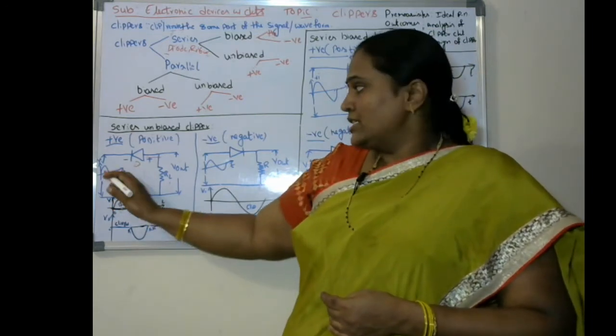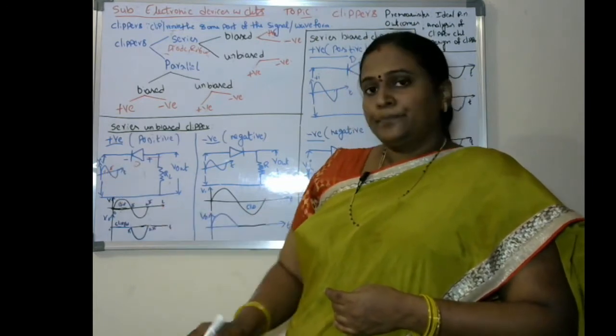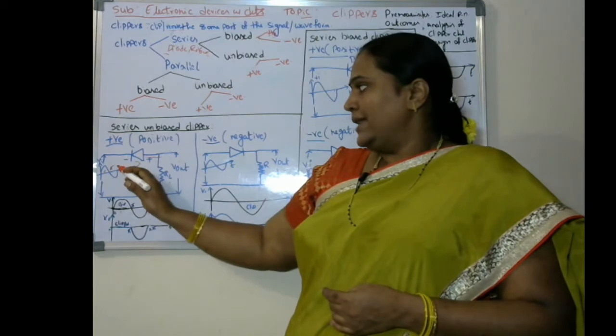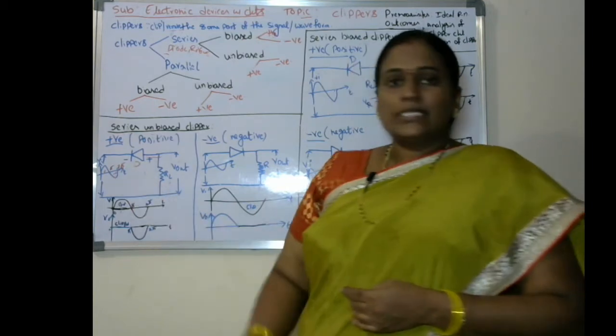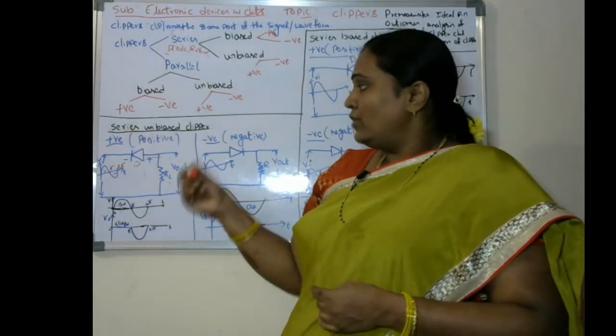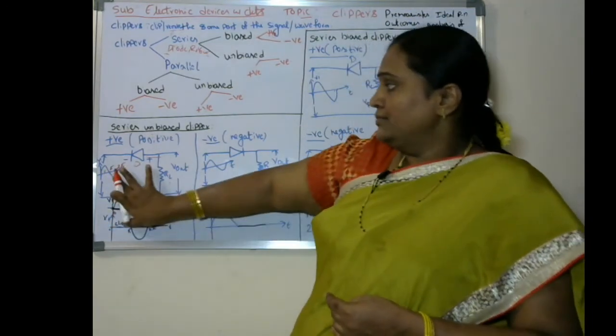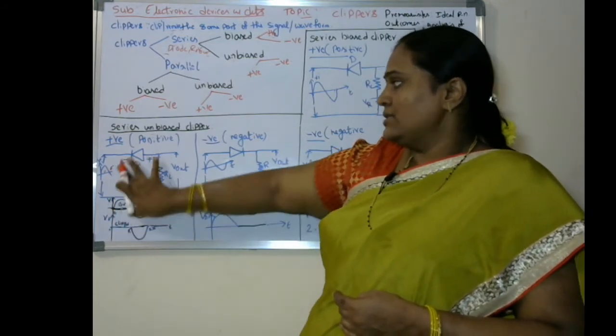The input voltage is positive for the 0 to pi cycle, and for pi to 2 pi the input voltage is negative. So in the first case we will analyze the positive signal. Positive analysis, we will see what happens.